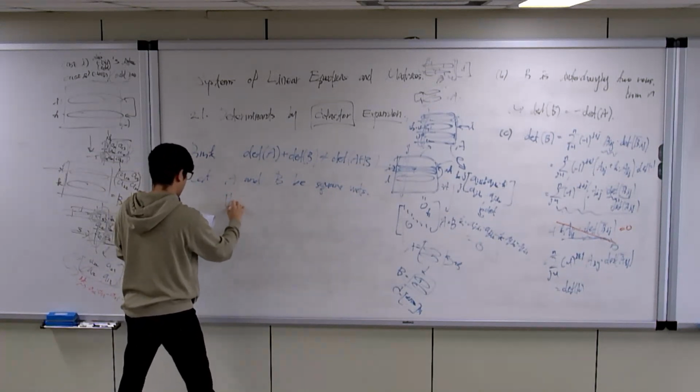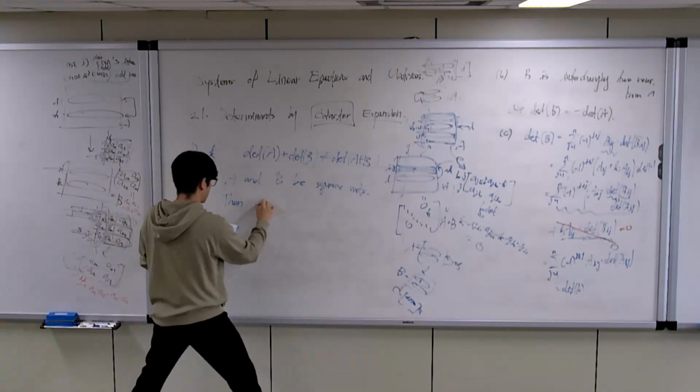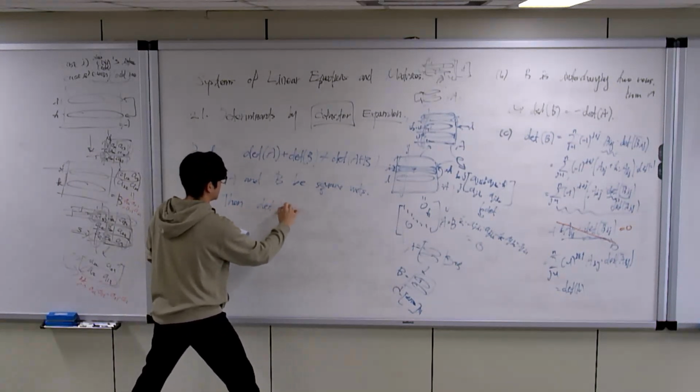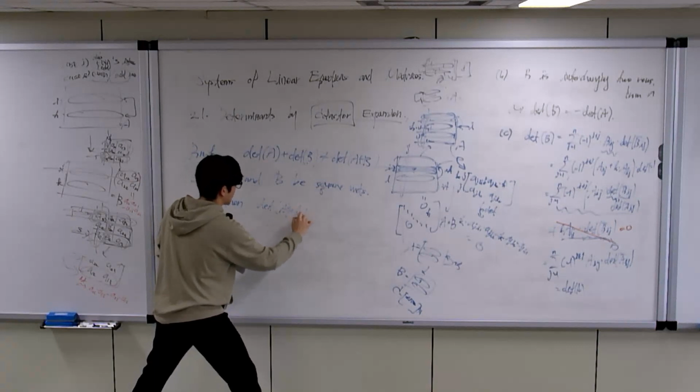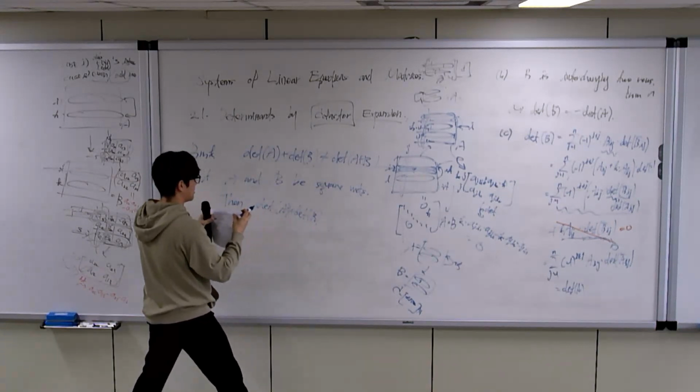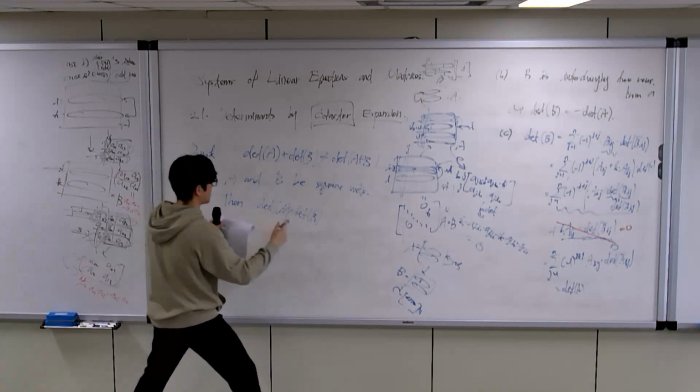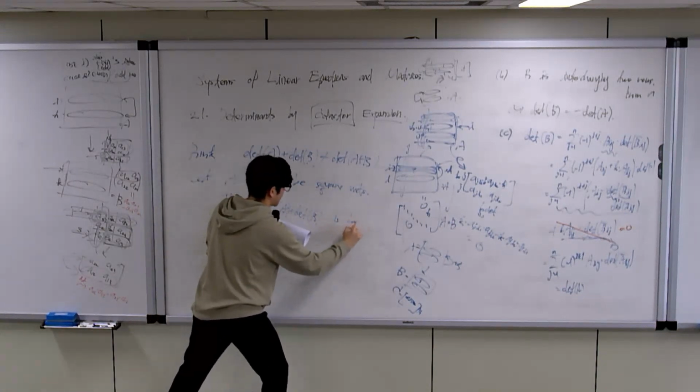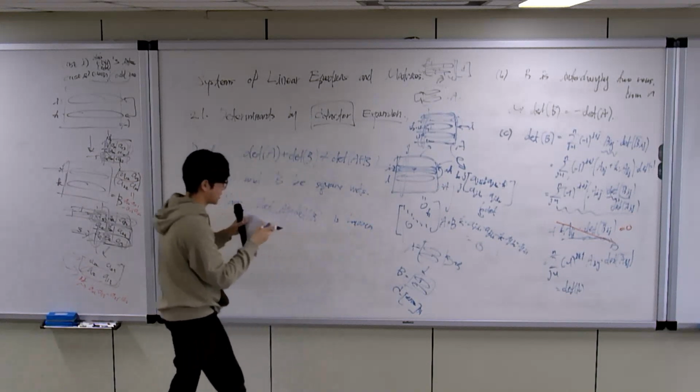Then the determinant of A plus determinant of B is... I think I made a mistake in my notes.